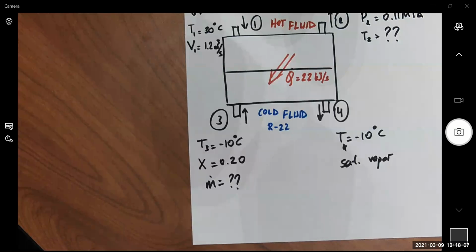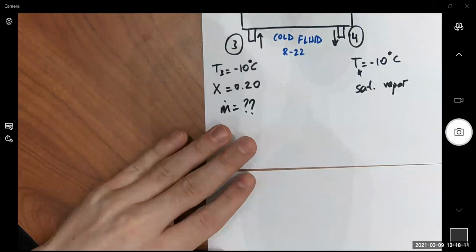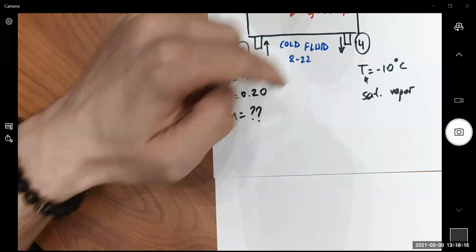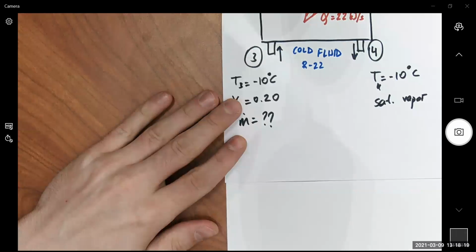You don't have enough information to use both sides because you have two unknowns on both sides. Okay? I'll show you the equations.